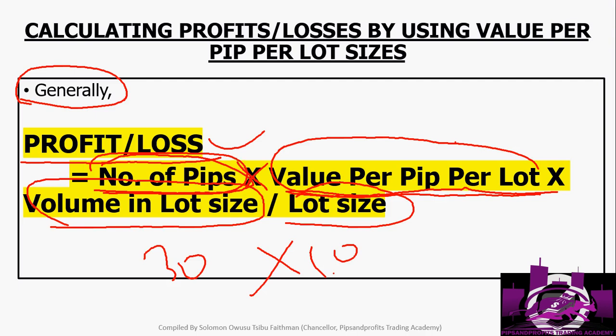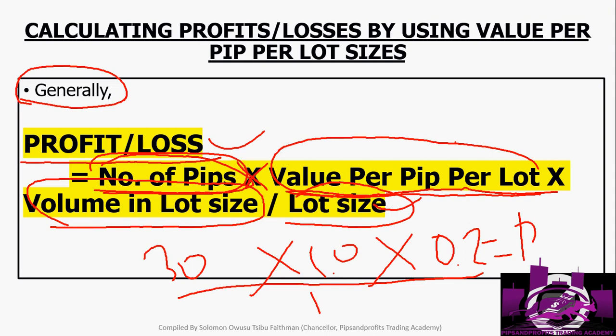Then times volume in lot. The volume in lot is the volume you are trading. So maybe if I'm trading 0.2, then I will divide it by the lot size. The lot size I'm using here is the standard lot, so I'll divide it by 1, and I'm going to get my profit.